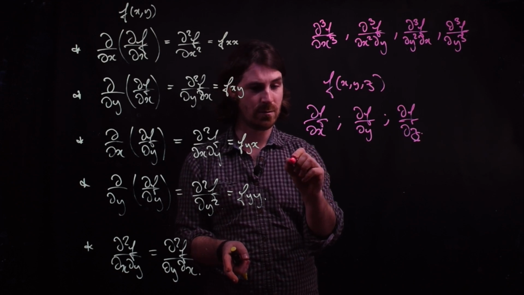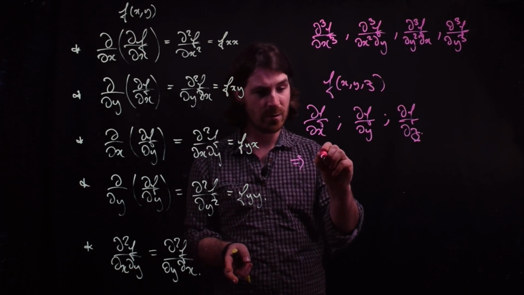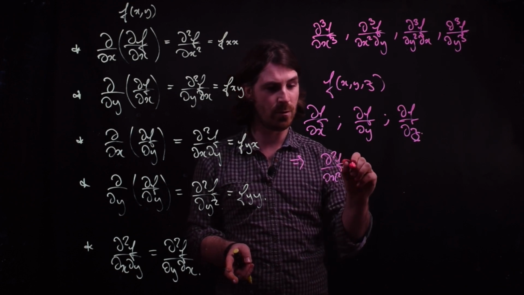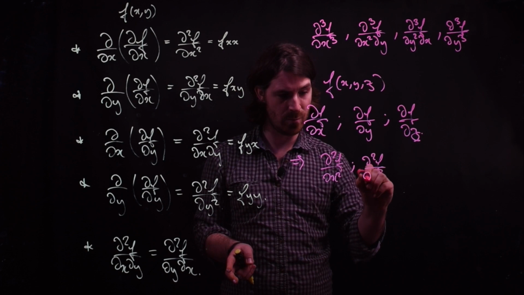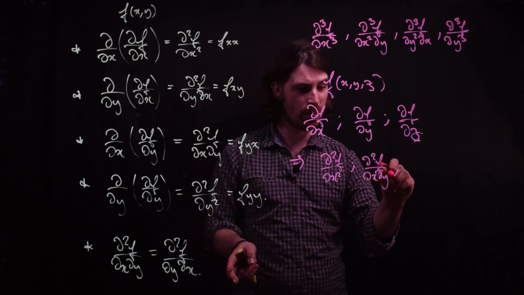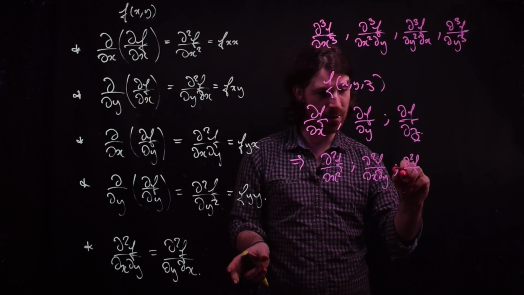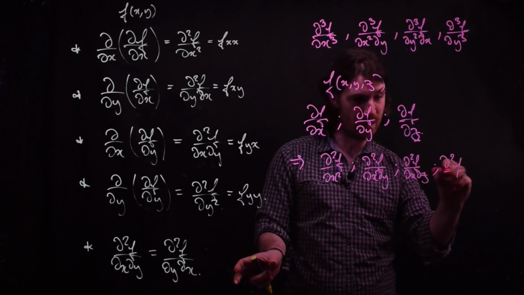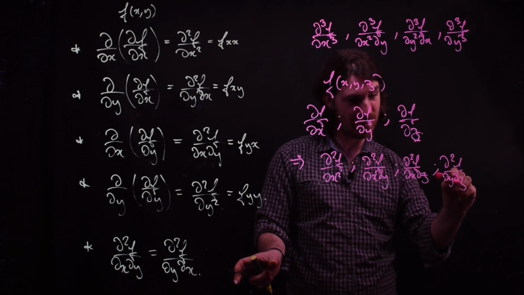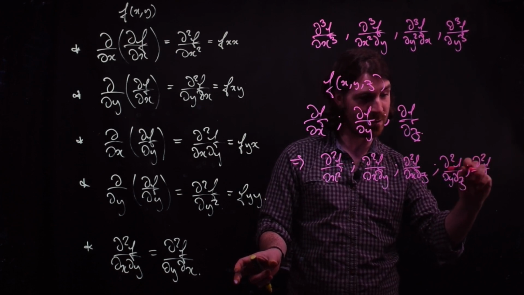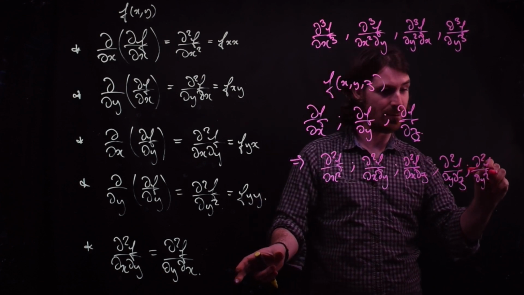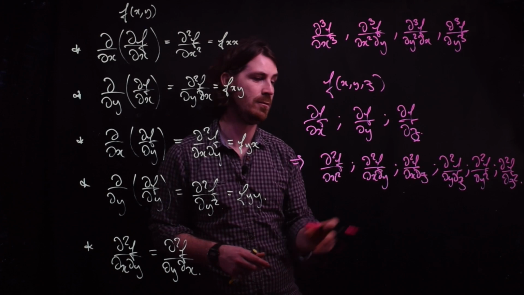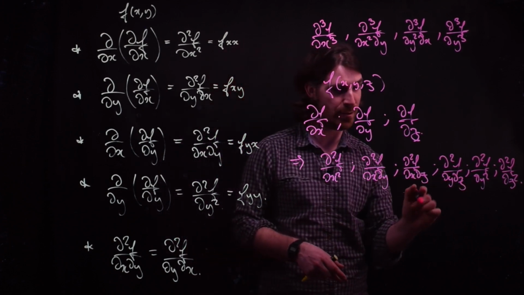This means you can have d2f by dx squared, or d2f by dx dy, or d2f by dx dz, or d2f by dy dz, or d2f by dy squared, or d2f by dz squared, etc. You can swap x and y and x and z around.